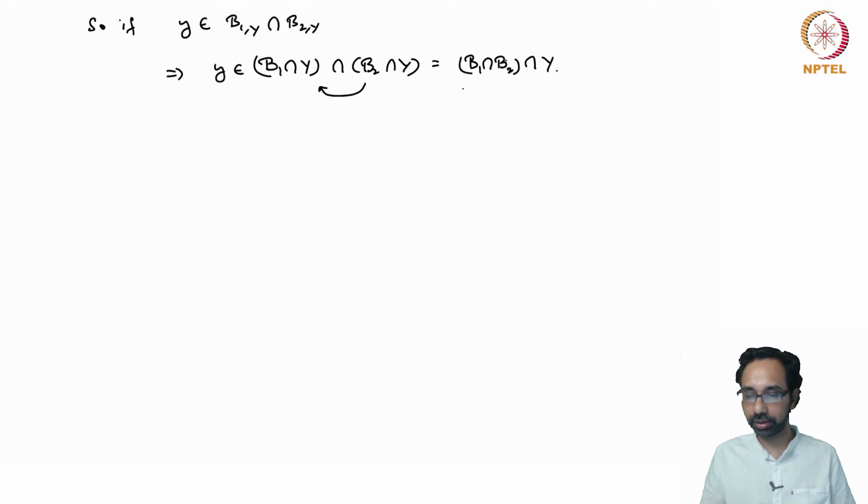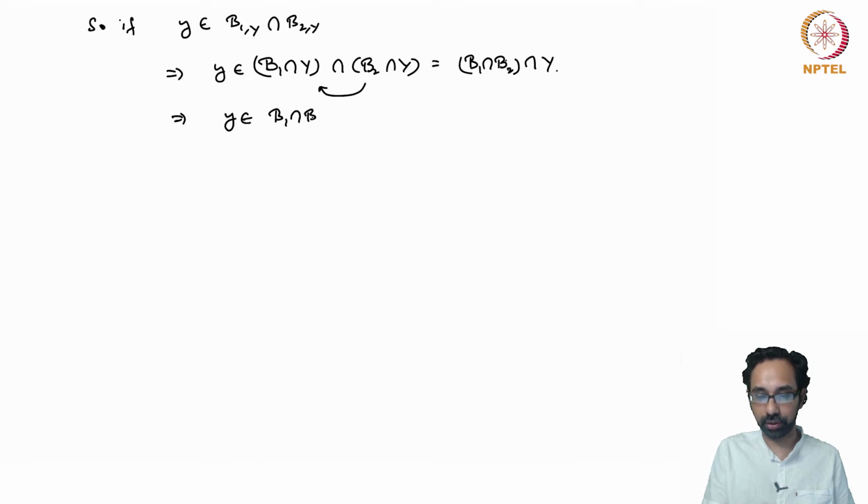So it is B1 intersection B2 intersection Y, and this means that y belongs to B1 intersection B2 first of all, and y is in Y. And because these are basis sets, this means that there exists a B3 in the basis B for X, such that y belongs to B3 and it is a subset of B1 intersection B2.